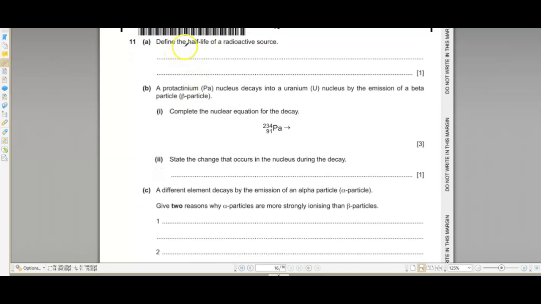Define the half-life of a radioactive source. Basically, the average time taken for half of the atoms in a sample of a radioactive material to decay is half-life.